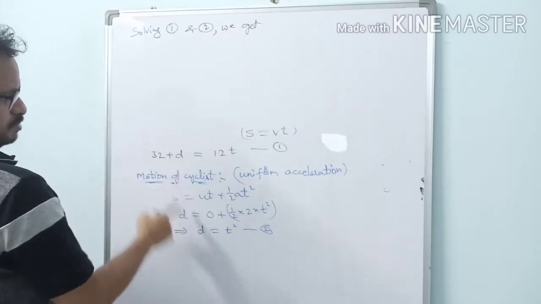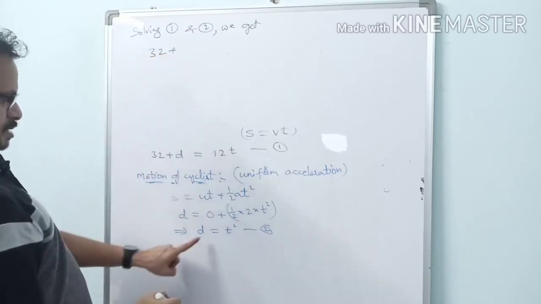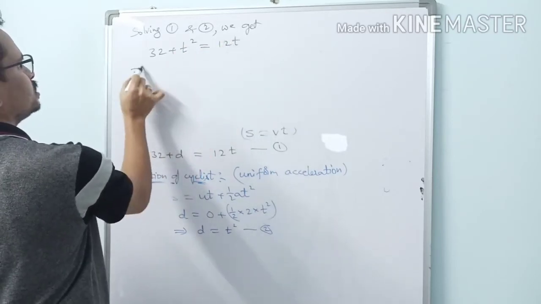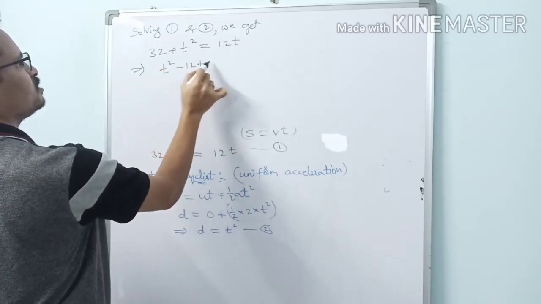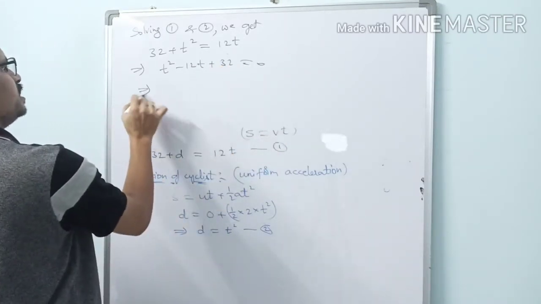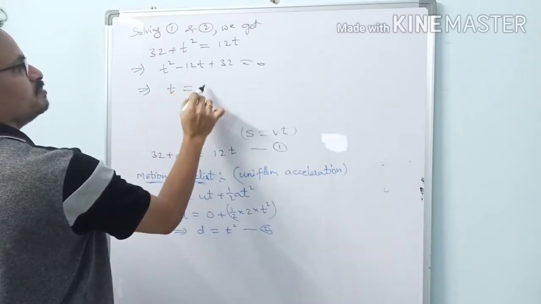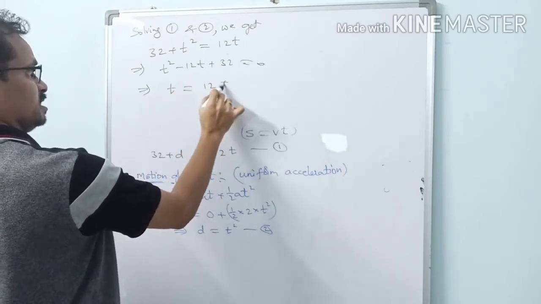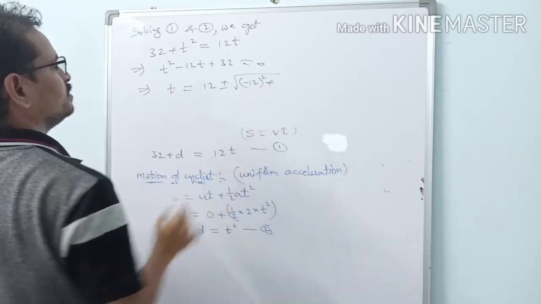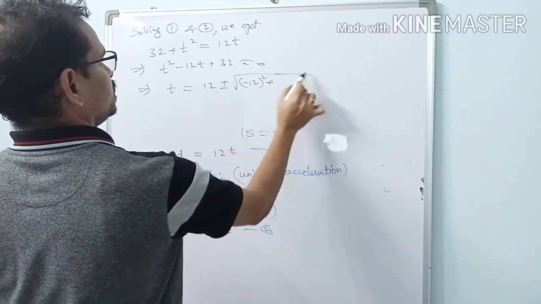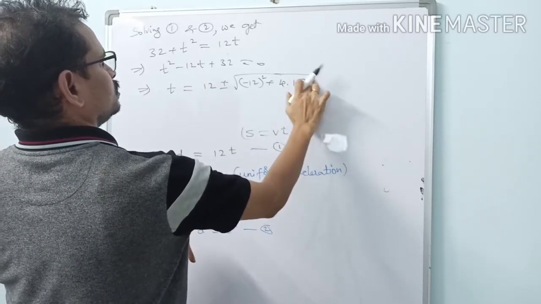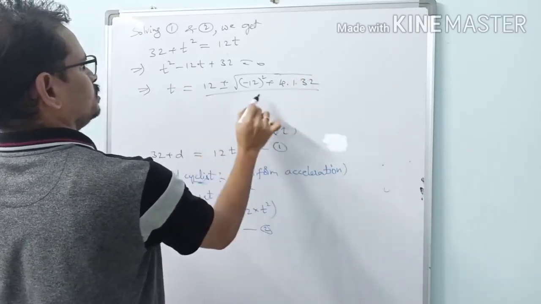Solving 1 and 2, in the place of d, let us put this one. This is 32 plus d equal to t square. t square is equal to 12t. This implies t square minus 12t plus 32 equal to 0. So we want the root: t equal to minus b plus or minus root of b square minus 4ac, by 2a. Here b is minus 12, a is 1, c is 32, and 2a is 2.